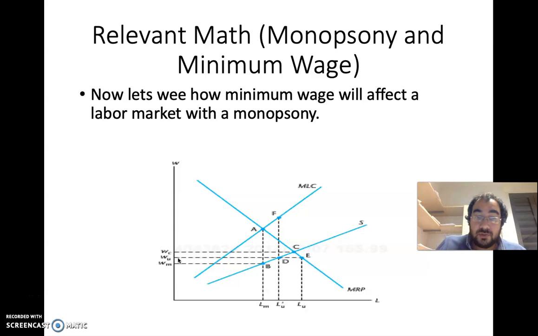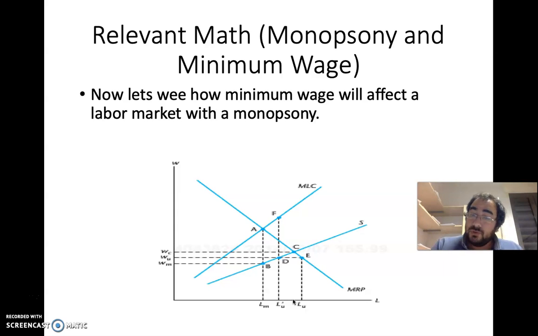So all the way to the point D, even though to hire workers less than LU you would need to pay a smaller wage to them, since they are willing to work for a smaller amount of wage, you have to pay WU, which means the cost of hiring one worker is now always WU.